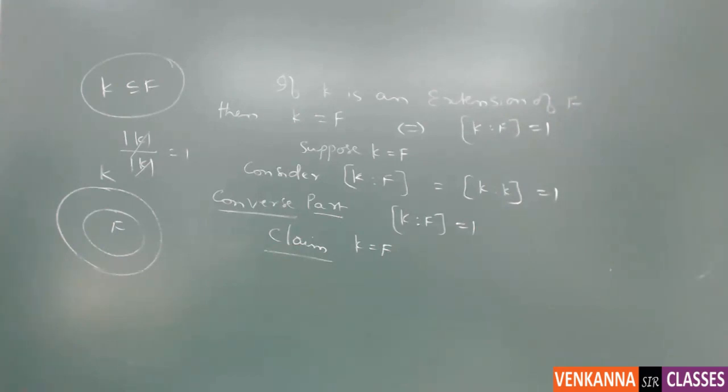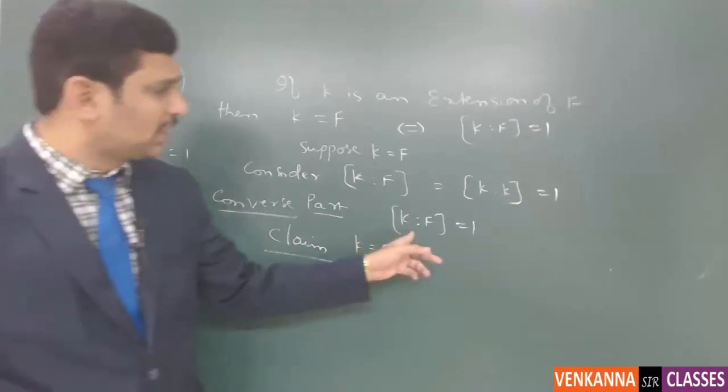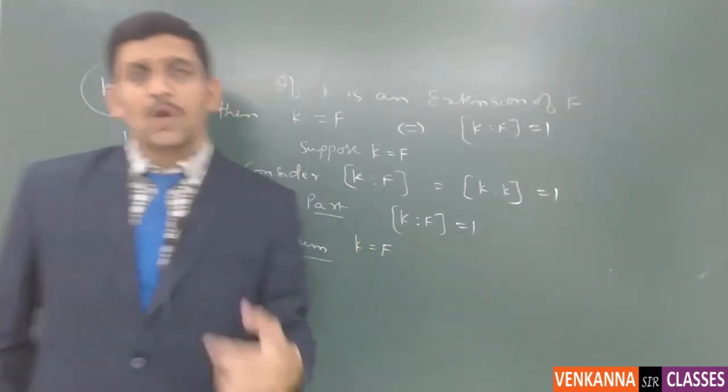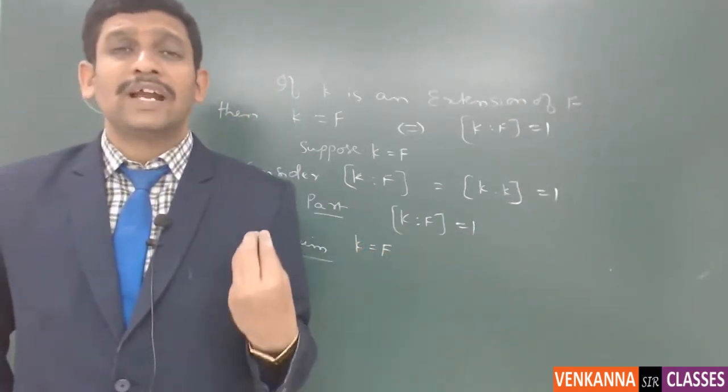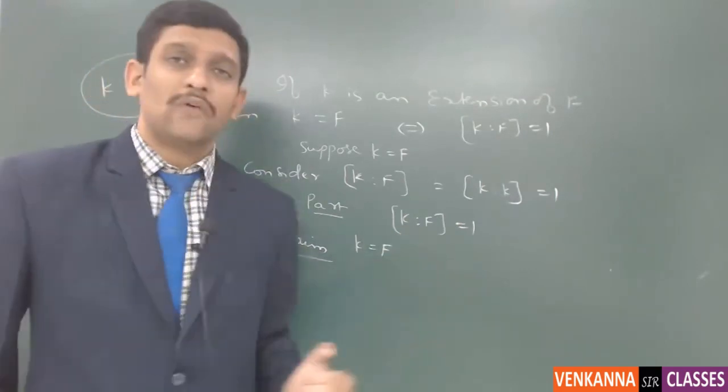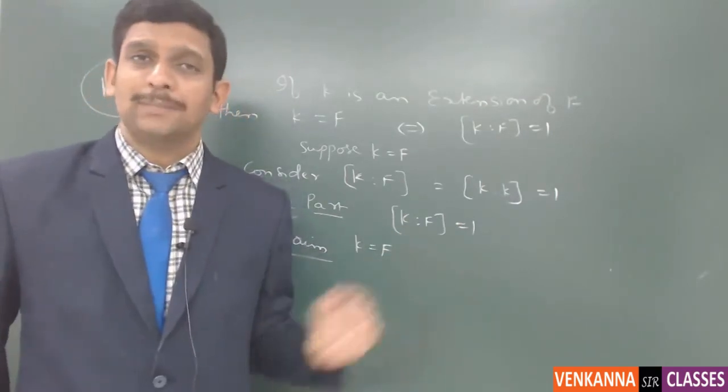Now, let us take an element first. Since [K:F] is equal to 1, obviously you will get a vector space K over F and it has a basis.